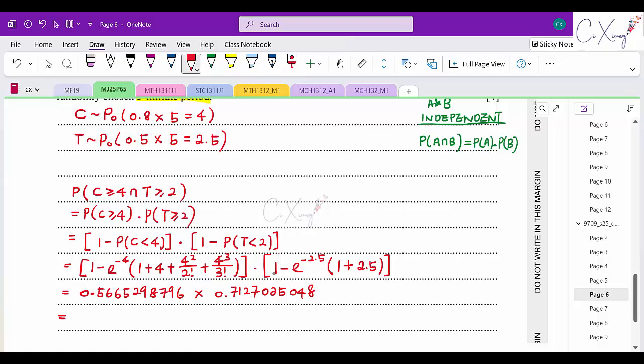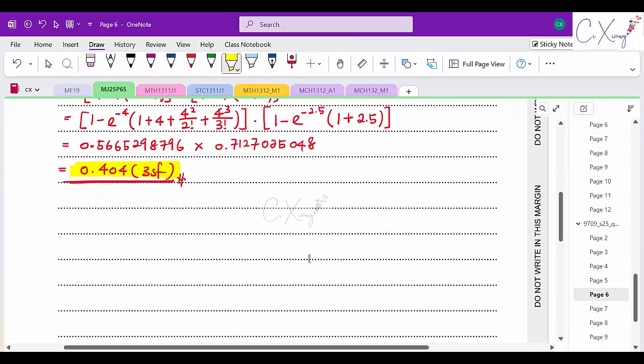Of course, you still get a long value, but then cut it short to 3 significant figures. By right, you will be having 0.404. Right, so this is how we get the answer for part A in question number 4.